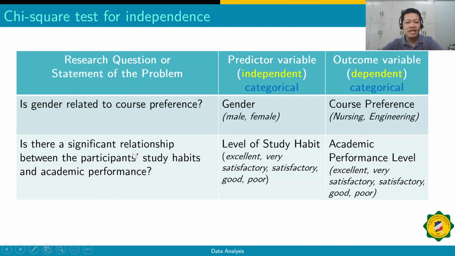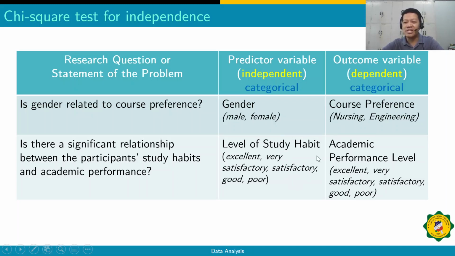Is there a significant relationship between the participants' study habits and academic performance? If you still remember, I used the same SOP in our Pearson r, but the data that we use there for study habits and academic performance are numerical. In this example, we are now going to use not numerical but categorical data of study habit and academic performance in terms of levels. So this becomes ordinal. So it's categorical, so you may use chi-square.